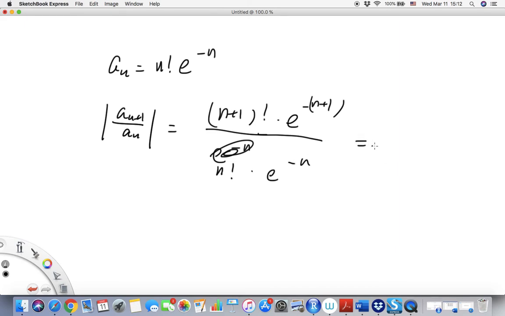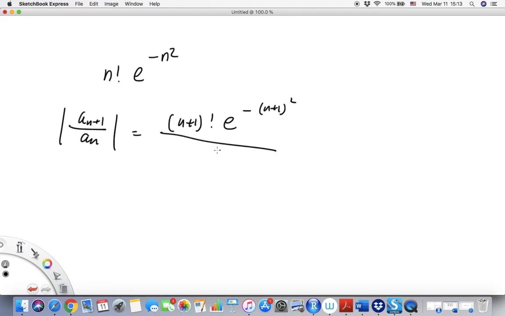If you simplify, the ratio is n plus 1 over e, and that's greater than 1 because n is going to infinity. Therefore, by the ratio test, this is divergent.